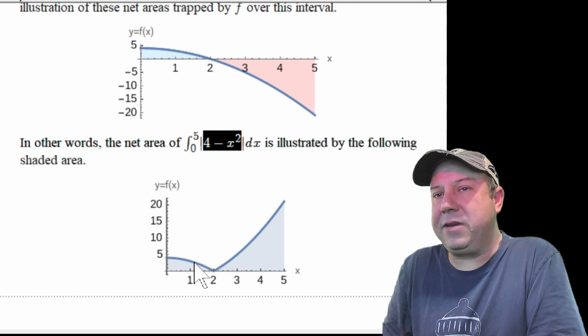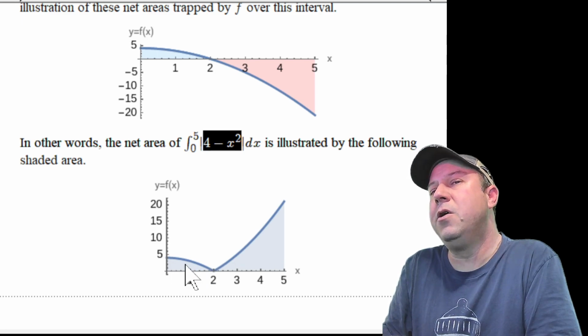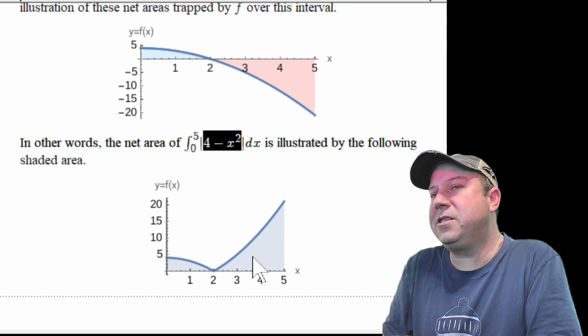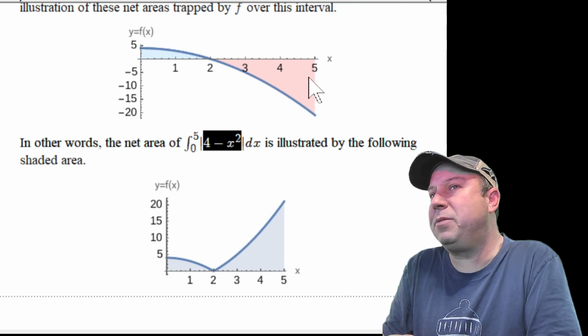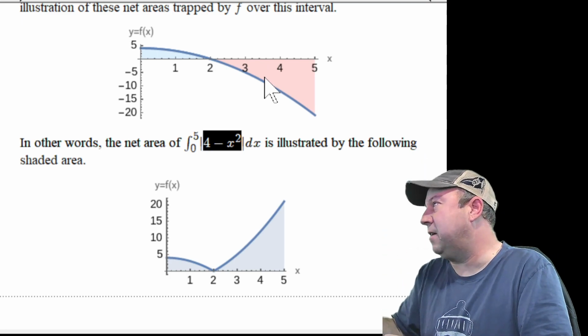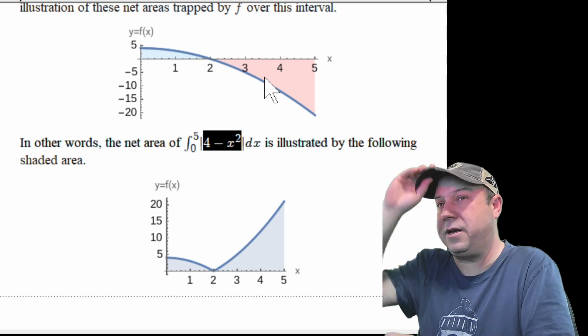So what we end up having to calculate here is the net area from here to here, which is going to be an entirely positive value, which is going to include this positive net area and this space here, which is actually the opposite of this negative net area. It's going to be the minus that negative value in our calculation. That's what we're calculating here.